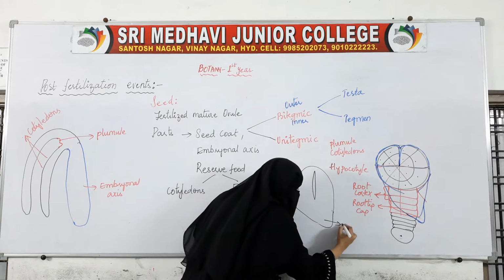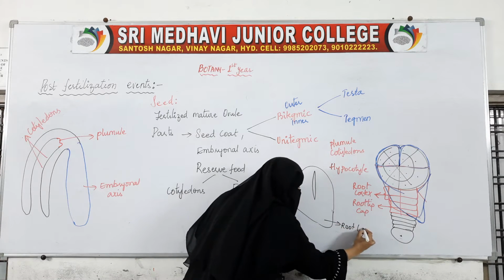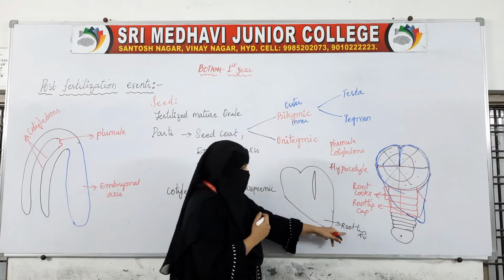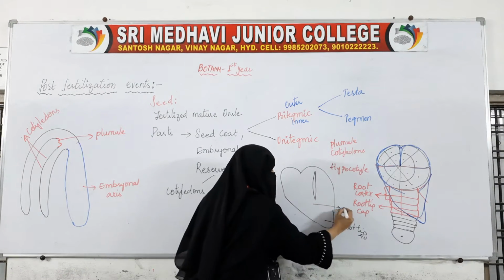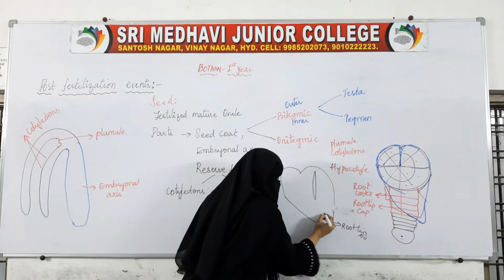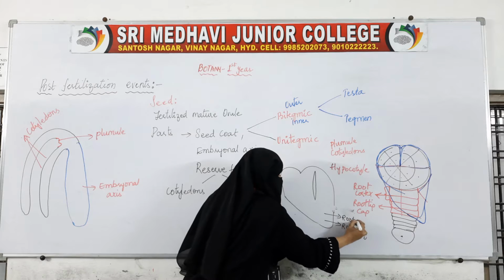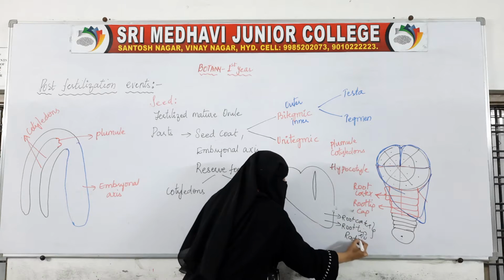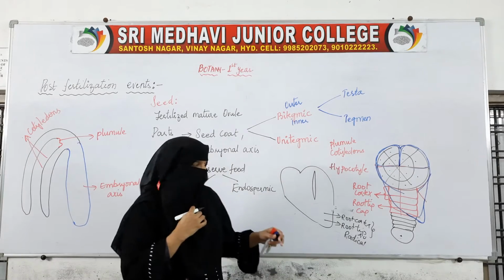So from here, root tip and root cap, I am removing the suspensor here. Root tip and root cap, and just above this will be the root cortex. Both of them will form the radicle, that is from where the roots will be arising.